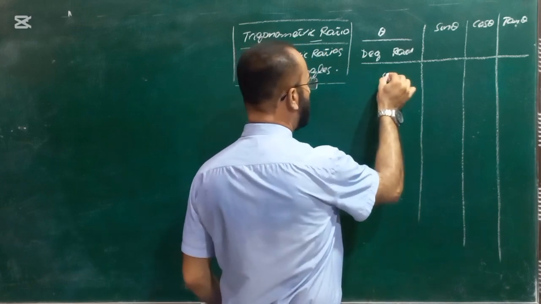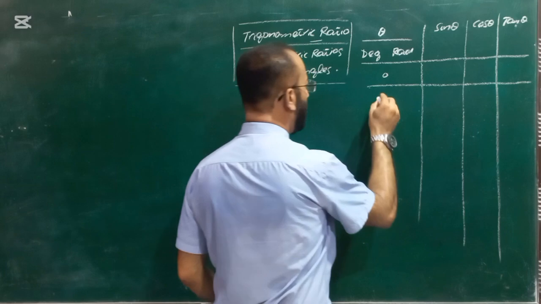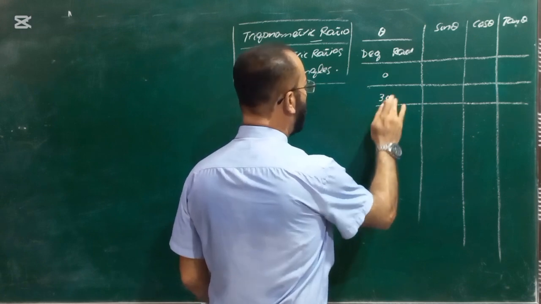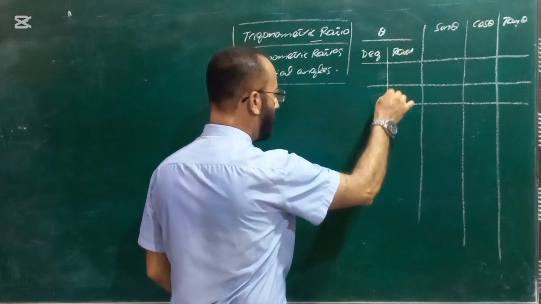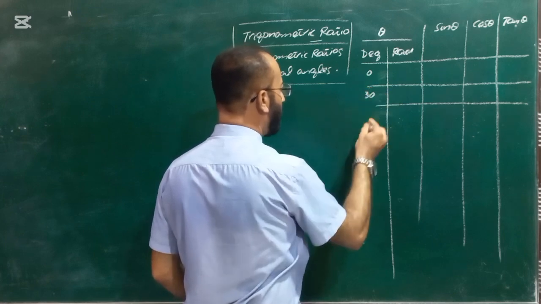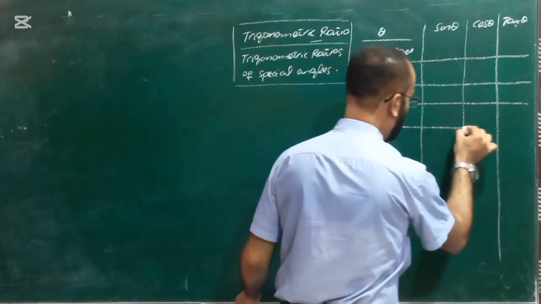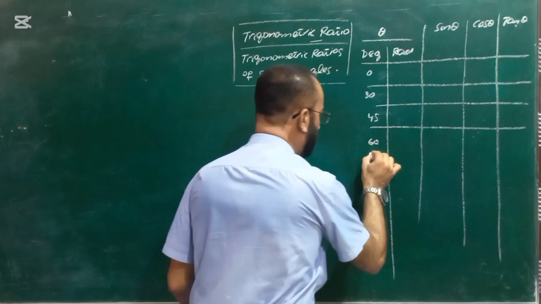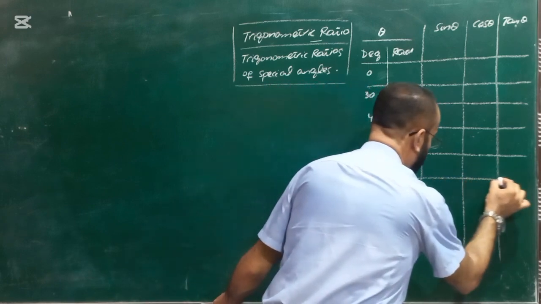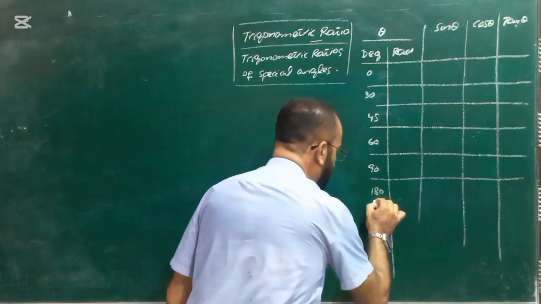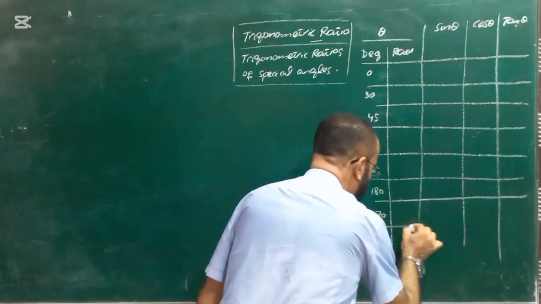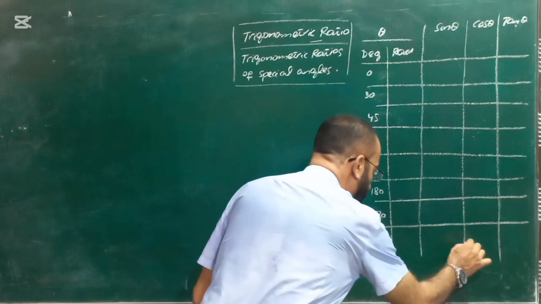The special angles are 0, 30, 45, 60, 90, 180, then 270, and finally 360.